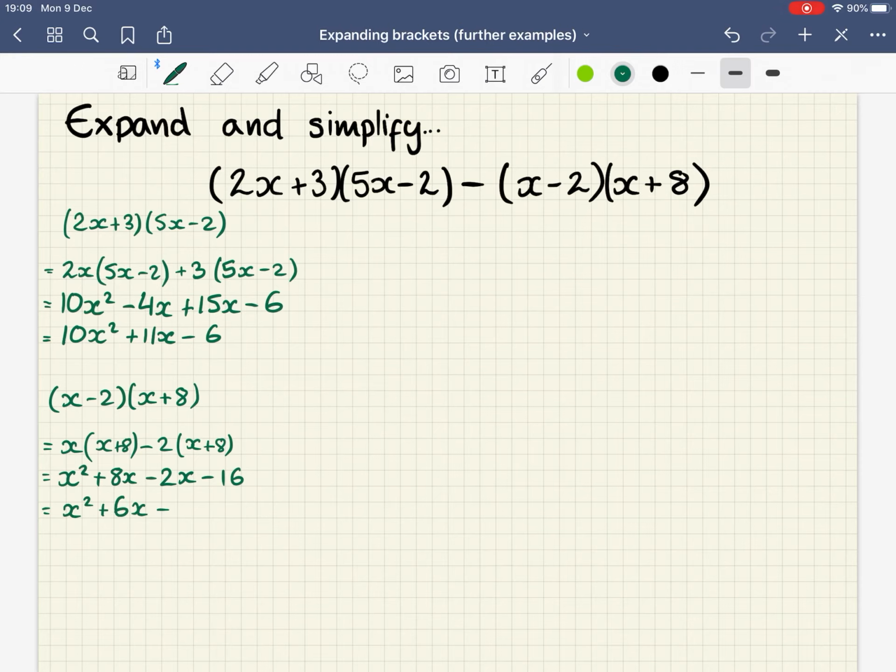So I've got x squared plus 6x minus 16. So, going to do the same thing that I did before. I've got that 10x squared plus 11x minus 6. And I'm taking away the entirety of that x squared plus 6x minus 16.